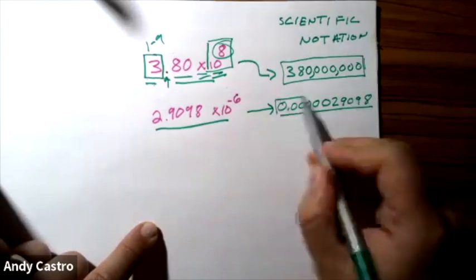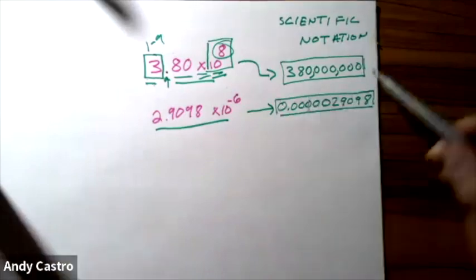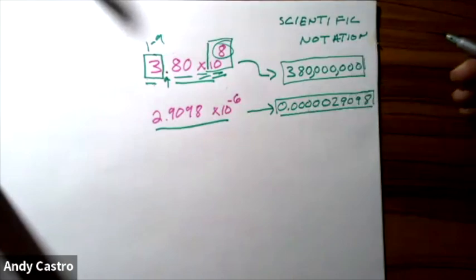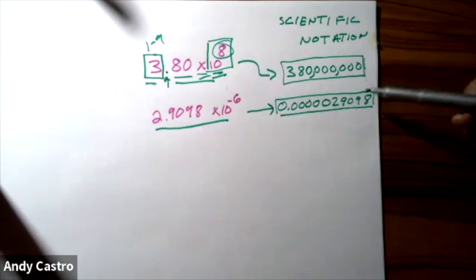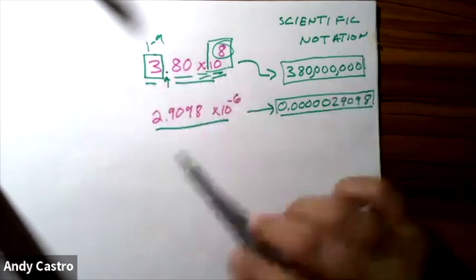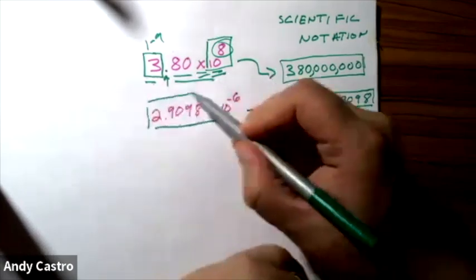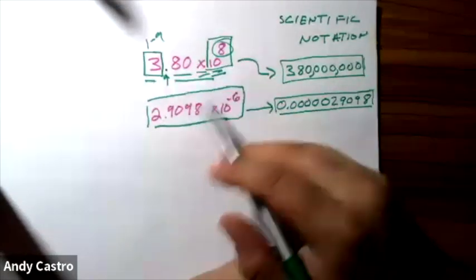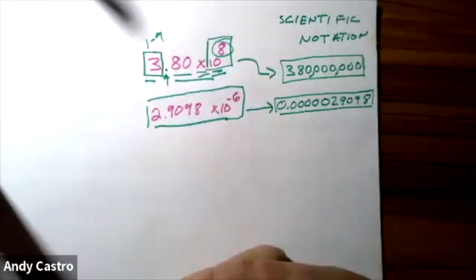So you can see how we have a super small number and a super large number, and multiplying those two together could be somewhat cumbersome. Even if you were using a calculator, there's a high probability that you're going to miss the exact number of zeros. So this was developed as a way to deal with those super large and super small numbers, and that is putting numbers into scientific notation.